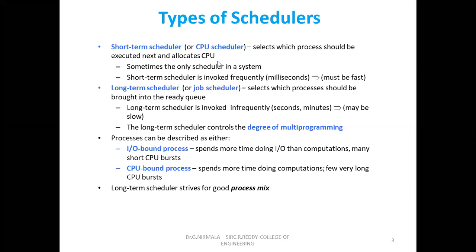All the ready queue processes, P1 and so on, are waiting for the CPU. Now this short-term scheduler will allocate that CPU to the next upcoming process.